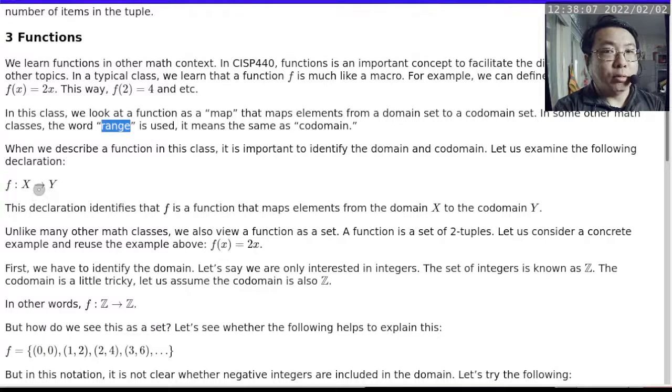So the arrow always goes from the domain to the codomain. Do we have any questions about this particular notation? Now, obviously, right now, we have not yet defined what a domain versus a codomain is. I'm simply saying that, by position in this notation, we can identify which one is the domain and which one is the codomain.